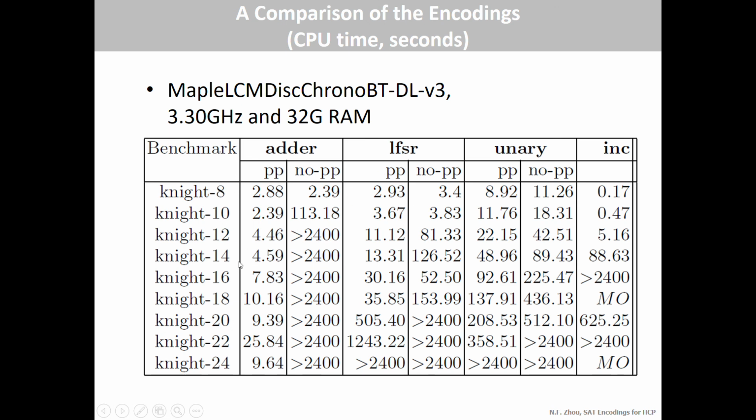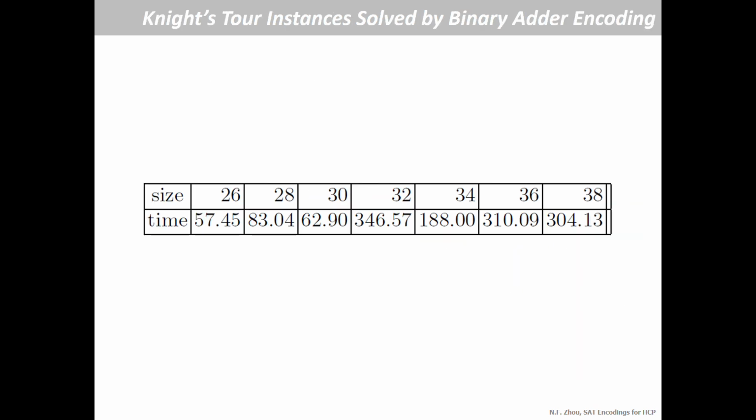It performed the best. For these instances, CP solvers perform really fast, and so does the ASP solver. This table shows some of the instances solved by the binary add encoding. These instances were beyond the reach of SAT solvers.